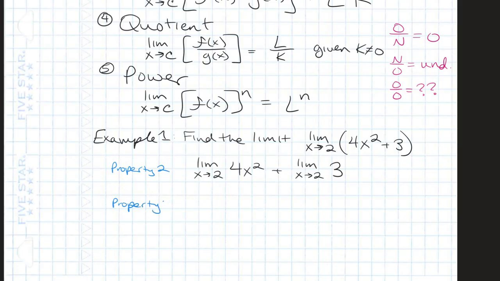Speaking of property 1, though, I can use property 1 in the first limit statement to rearrange this so that the vertical stretch of 4, that's a scalar multiple, is written before the limit itself. At this point, we're going to use what's called direct substitution to find the limit.